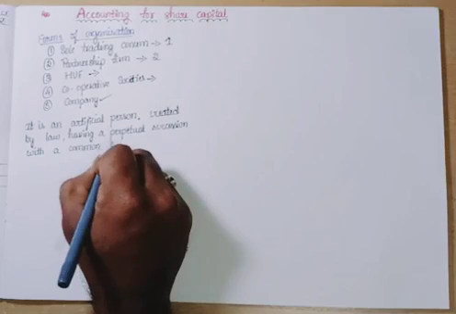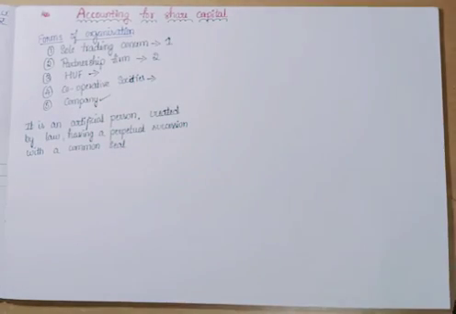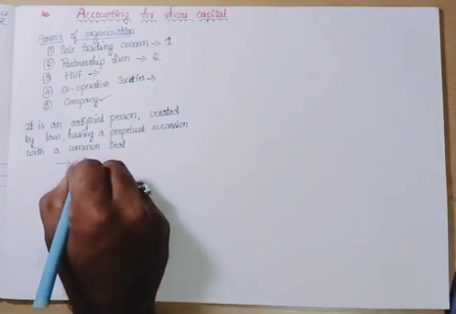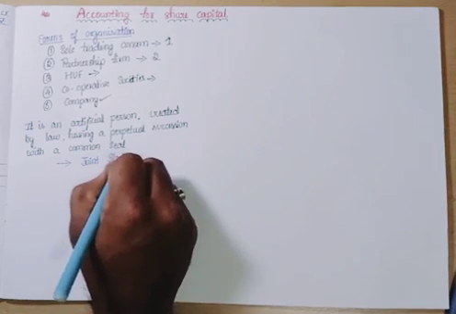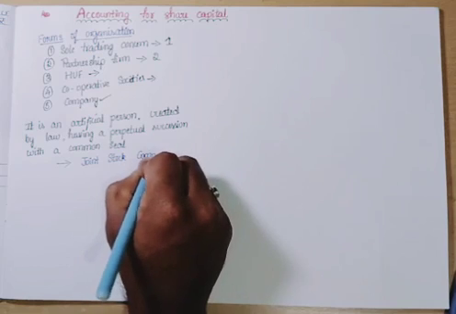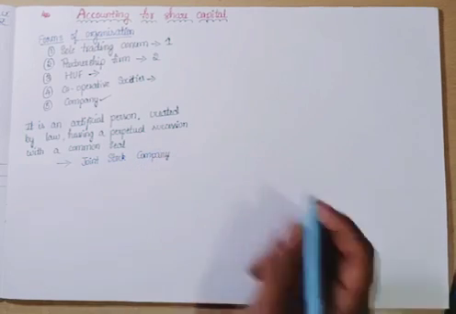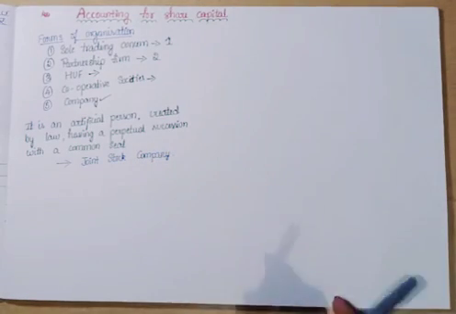That organization is called a joint stock company. So this is the meaning of joint stock company.